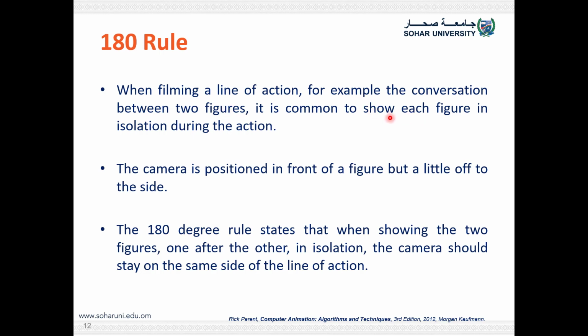We need to show each figure in isolation during the action. So what's the meaning of that? In the 180-degree rule, we show the two figures one after the other in isolation, but we stay on the same side of the line of action.